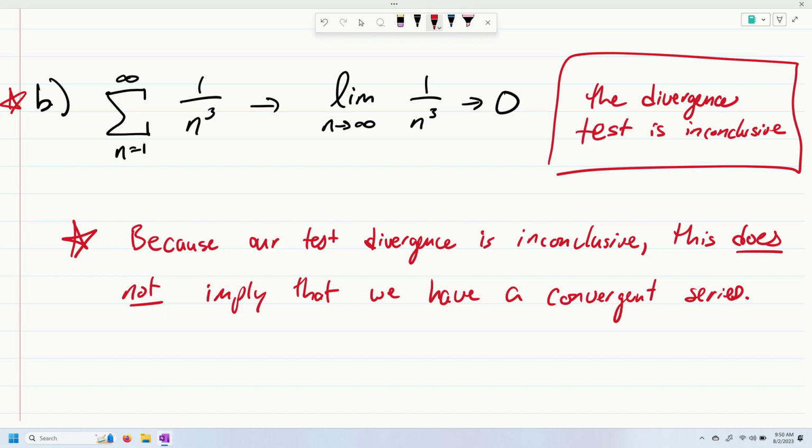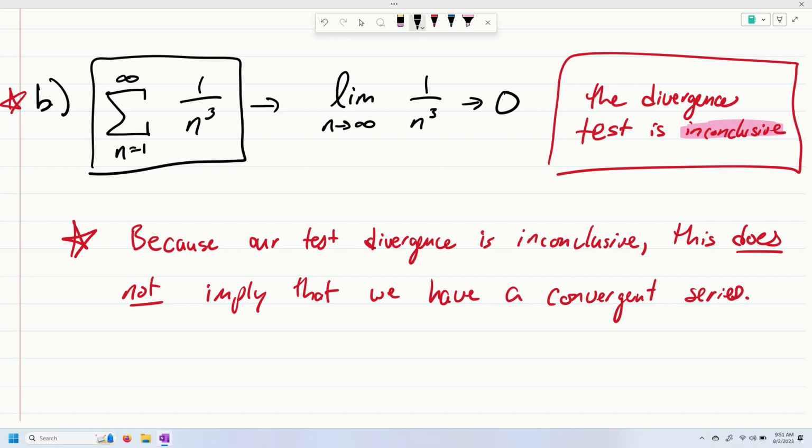Just because the divergence test turned out to be inconclusive, that does not imply that our series from n equals 1 to infinity of 1 over n cubed converges. All it means is this test was not a good enough test. It wasn't an appropriate test for us to use. Later on, we're going to learn that 1 over n cubed actually converges, but you need a different test for it.